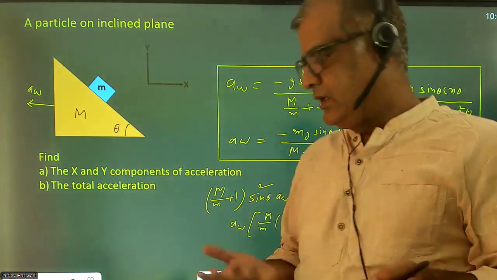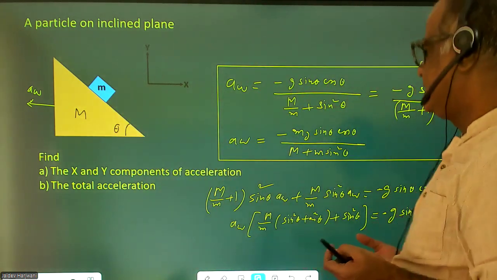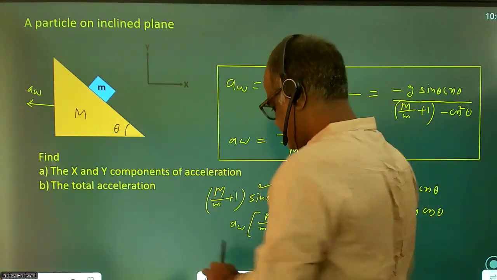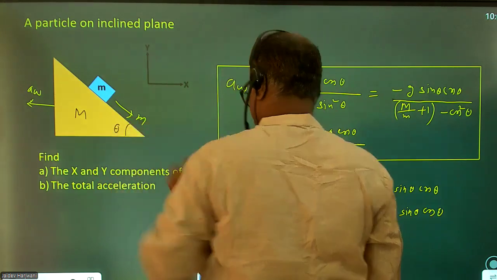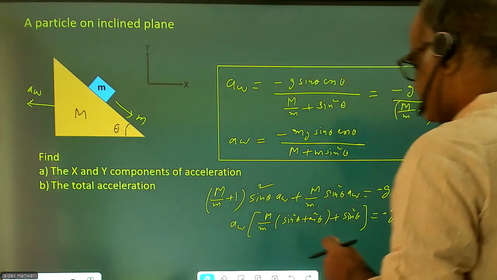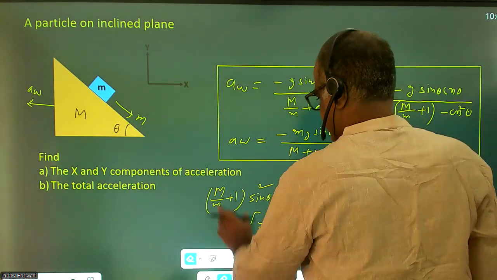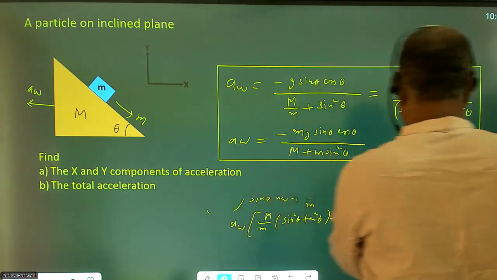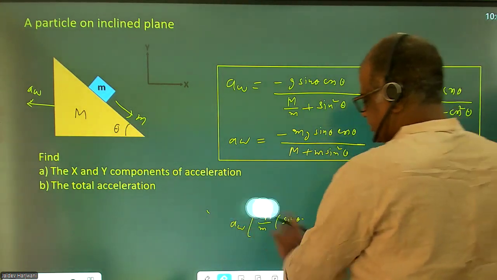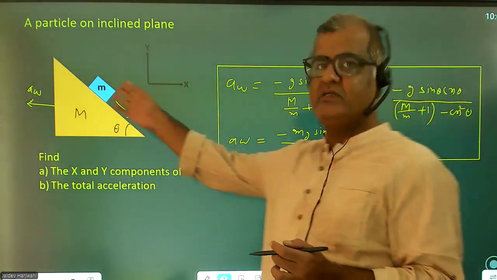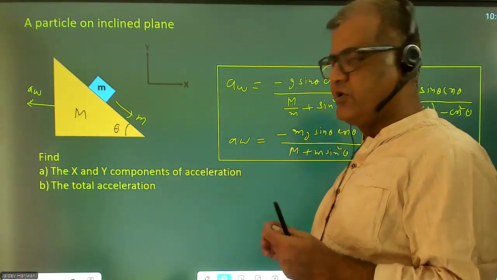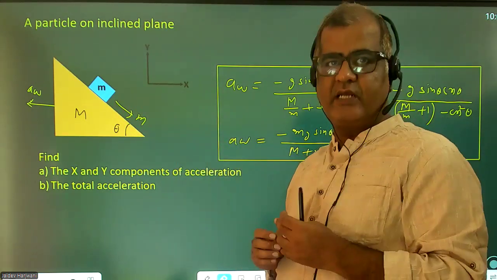Now we can also calculate the acceleration of this mass, this block. We can do it in two ways. We can calculate the x component and y component of the block's acceleration and then find the total acceleration.